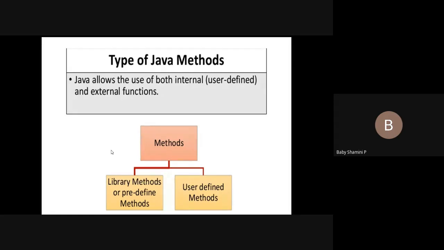The compiler automatically loads all those necessary functions to execute a certain program. Next one is user-defined functions. Based on our requirements, the user develops a particular function or method, which is called a user-defined function.